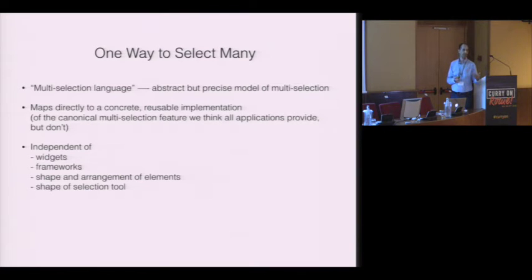We'd like to think of the semantics of multi-selection, so that it maps directly to a reusable implementation that gives us the canonical good multi-selection feature that I at least thought 15 minutes ago that all applications provide, but really do not. It drastically changes the programmer's experience. First of all, the model is independent of any widgets, any frameworks, independent of the shape and arrangement of the elements or the shape of the selection tool that we're using.